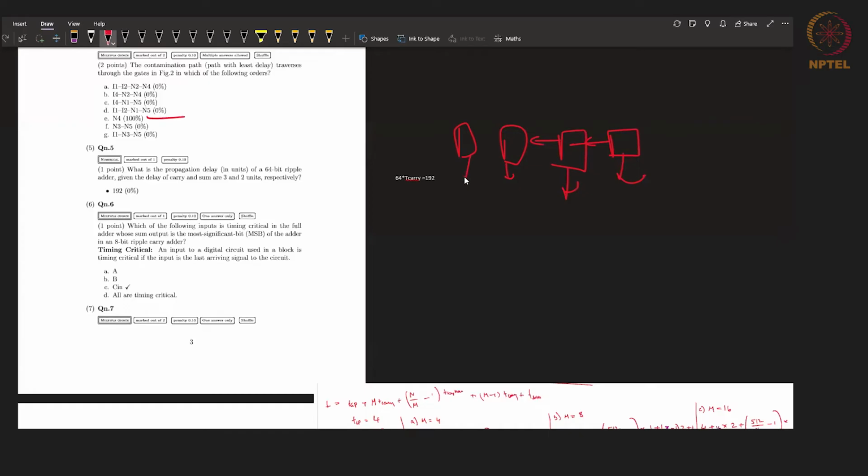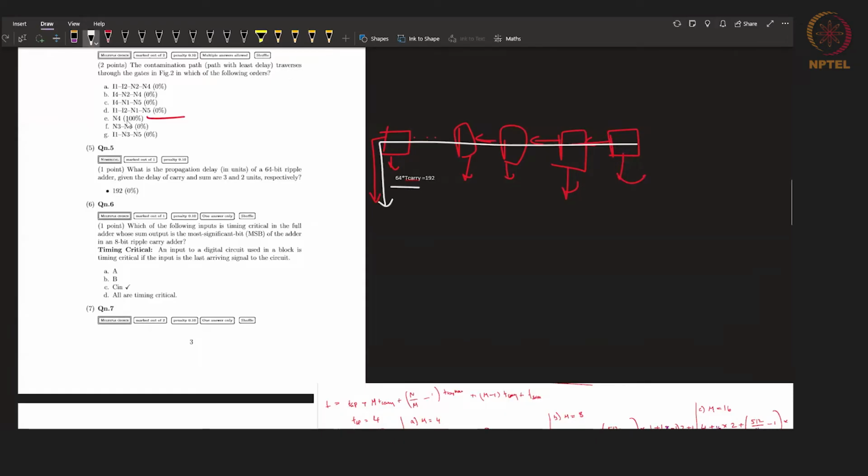But the ripple through the carry is what determines your final delay. And since the carry delay is greater than the sum delay, this path that you can see from here to here is 64 times t carry, that's equal to 192. That is the answer.